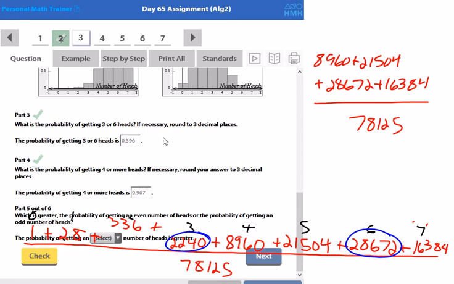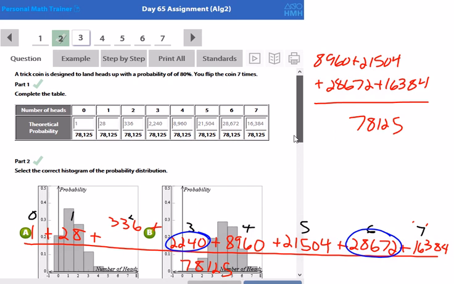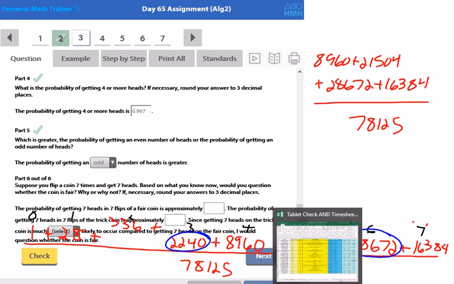So that would be 336 plus 8960 plus 28,672 divided by 78,125, and that gives me 48%. So I have a 48% chance of getting an even number of heads, which means an odd number is greater, because that's more than 50%.